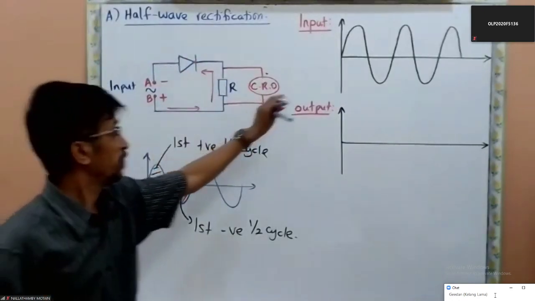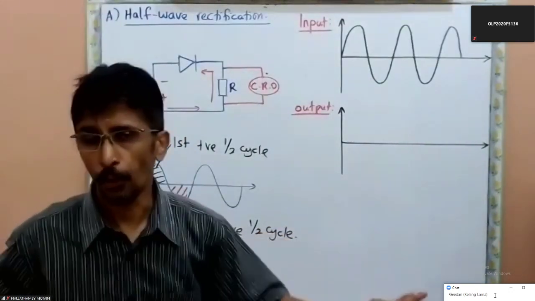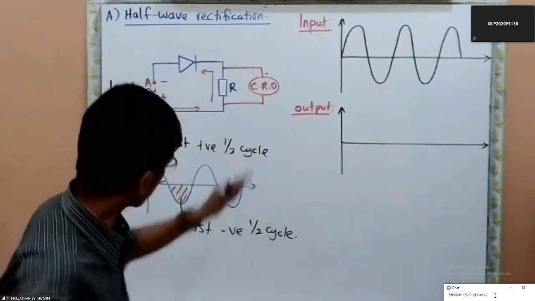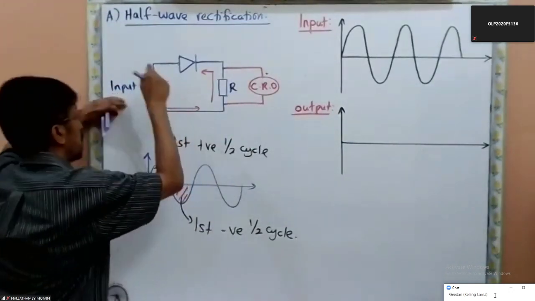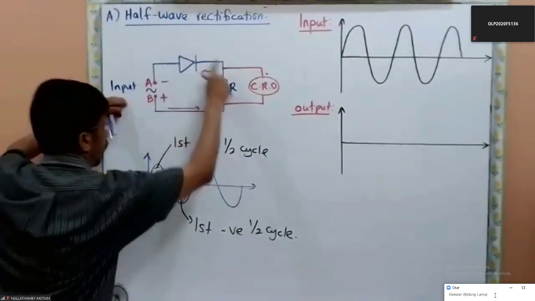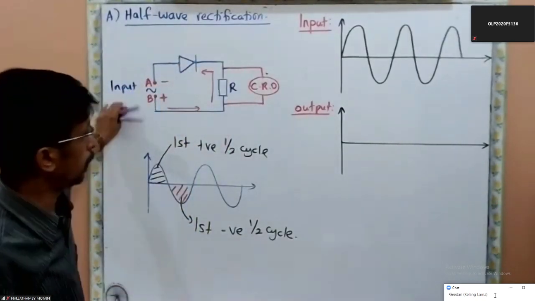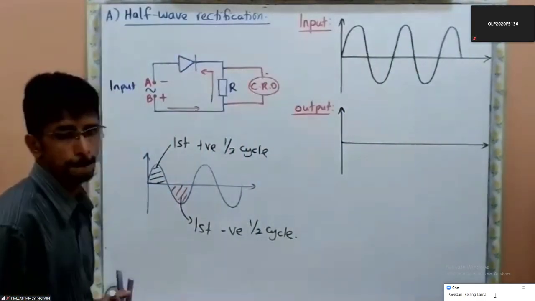So the negative half cycle cannot flow, because the diode is reverse biased. Then back again, the terminals change again. A positive, B negative, current flows through the diode because the diode is forward biased. So all the positive half cycles will flow.